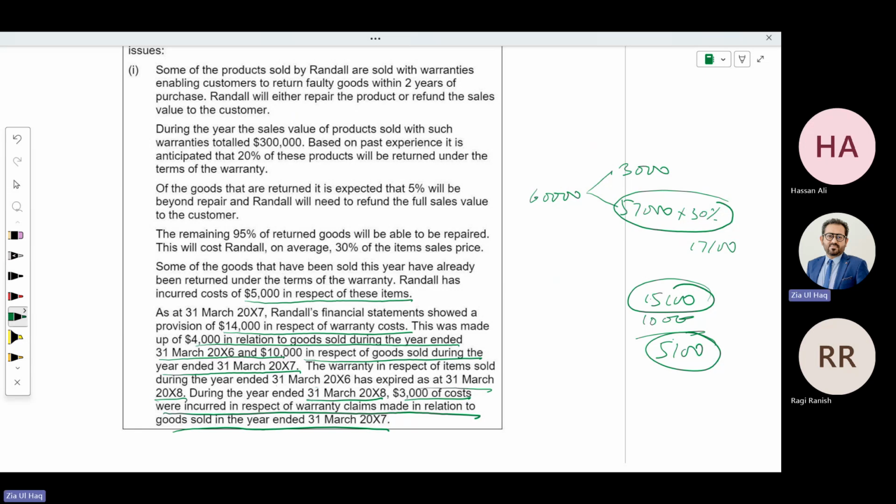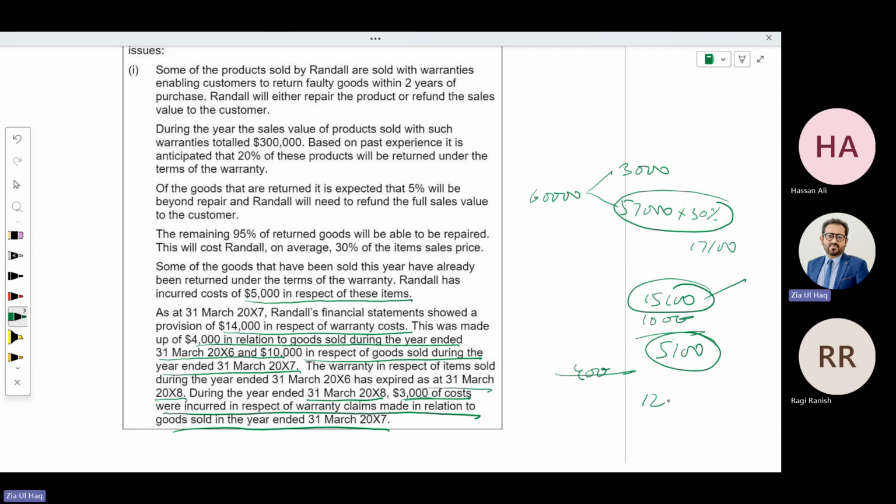At 20x8 start, they will be having a provision balance of 4,000 plus 15,100, which means 19,100. Out of this, 4,000 is eliminated, remaining what? 15,100. Out of this 15,100, they provided warranty of 3,000.